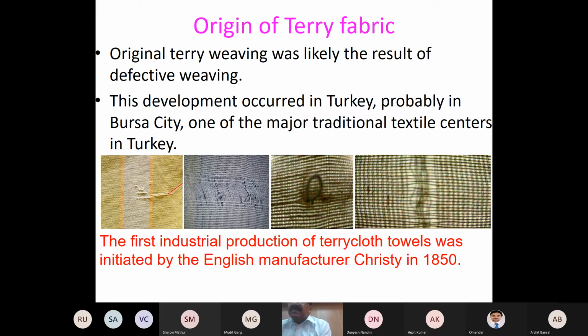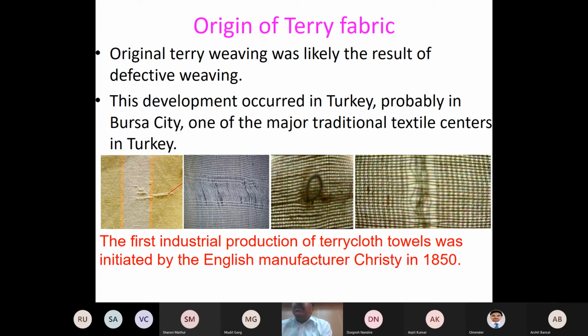So what happens? These are very common defects we come across during weaving, particularly when we use shuttle loom. So earlier, maybe 50 years ago or maybe 100 years ago, when we are weaving fabric on shuttle loom, these type of defects were inevitable.